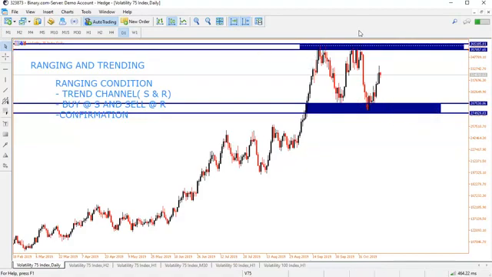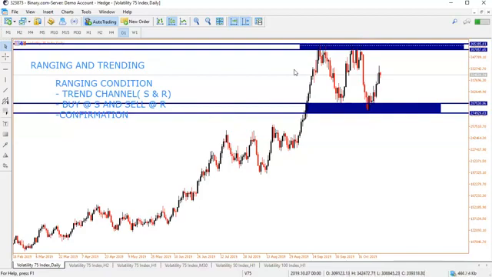This we call a trend channel, guys, because the market is contained within this region here. This is what we call a horizontal trend channel.